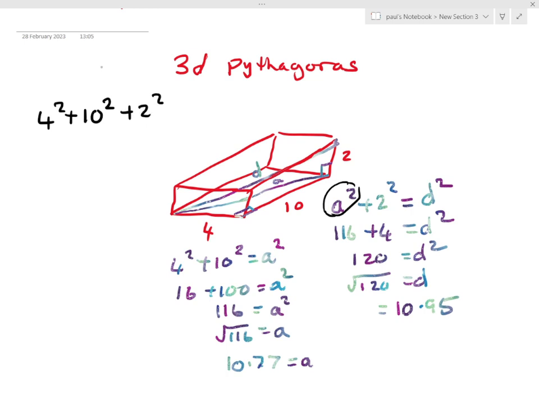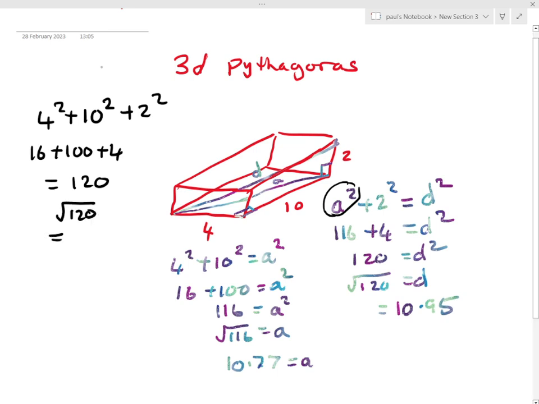So we've got 16 plus 100 plus 4, which equals 120. And the square root of 120 is 10.95, just as we did down there. So that's how to find the length of that diagonal line using 3D Pythagoras.